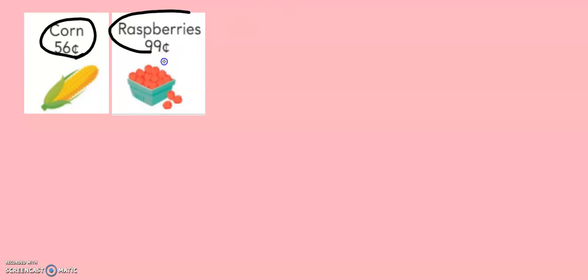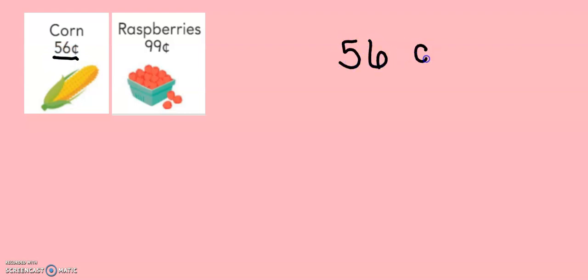And my question is, how much money will the corn and raspberries cost me all together? Now, I could draw out a bunch of coins and do 56 cents and 99 cents, but there's a much easier way. Watch what I can do. I know that corn is 56 cents, and I know that raspberries are 99 cents.